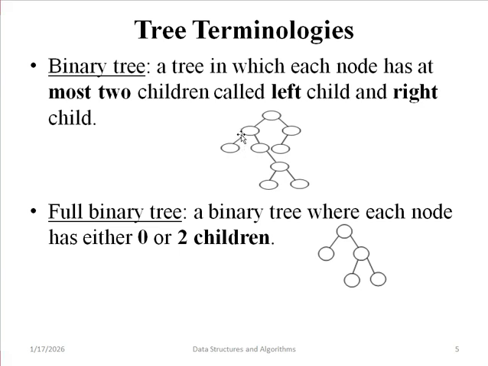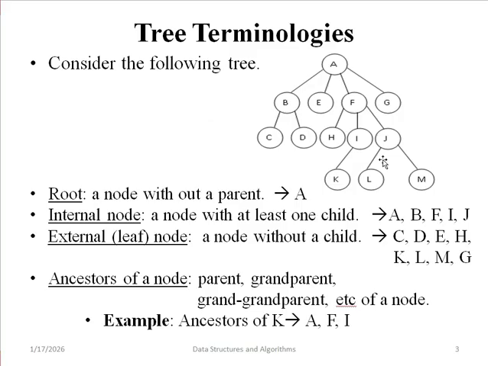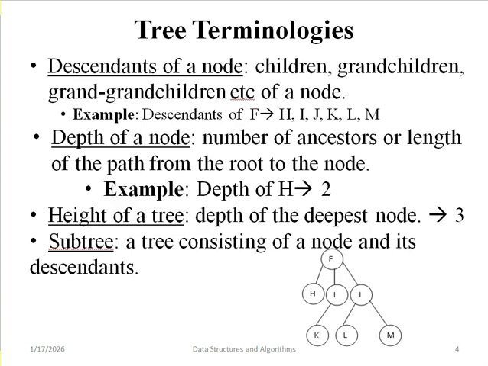Each node has a maximum of 2 branches. For example, can we consider this one as a binary tree? No. Why? Because F has 3 branches, or 3 nodes. Because of this third branch, the tree is not a binary tree.